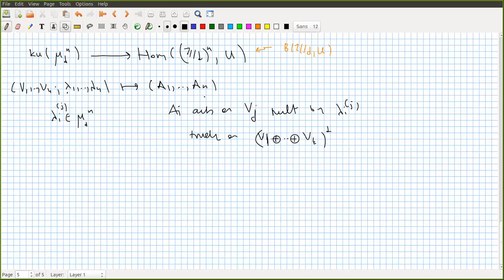So these are the matrices, and it turns out that this is a homeomorphism, and the inverse map is given by simultaneous diagonalization of this n-tuple of pairwise commuting matrices. This is something one has to verify, but it is a very nice map, and using it, we see that the n-simplices are identified like this.